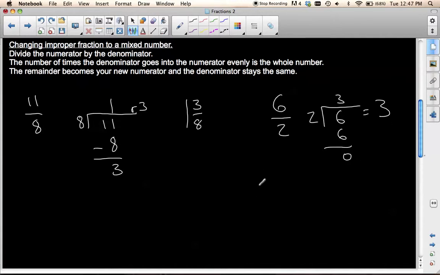Or if we were to have something like 27 over 5, well, how many times can 5 go into 27? Well, 5 times 5 is 25.